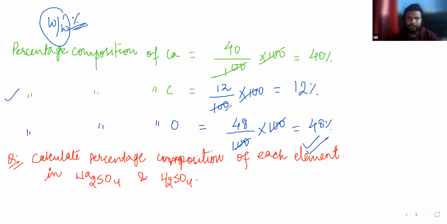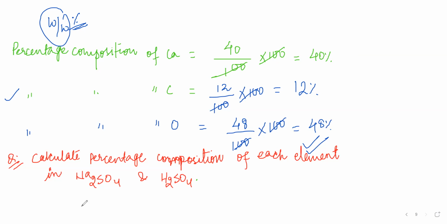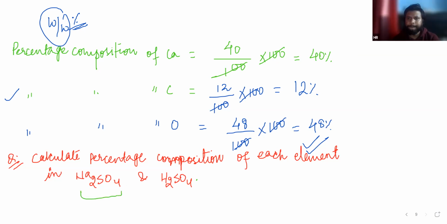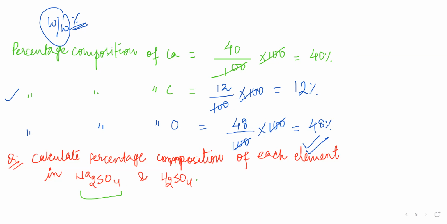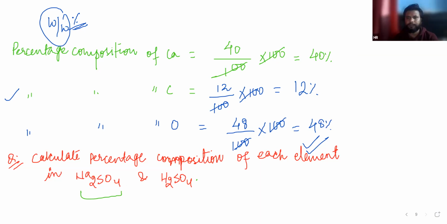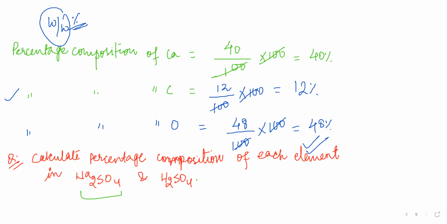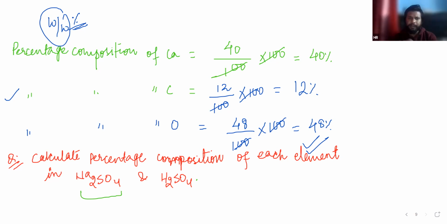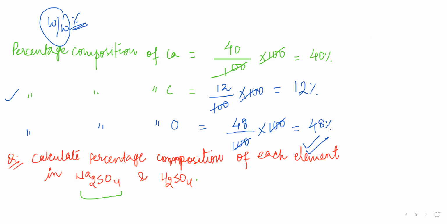Yes, sir, written. Answer my questions. How many atoms are present in Na2SO4? So 7 atoms. How many types of atoms are present? 3 types. Very good.